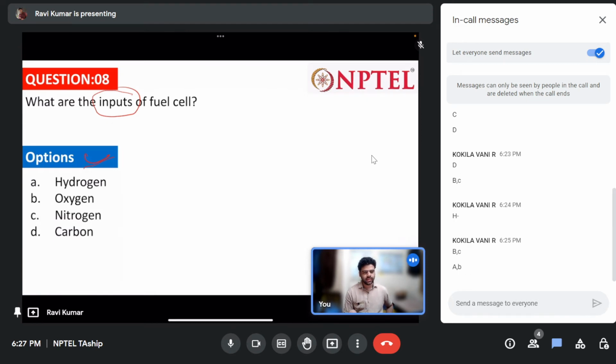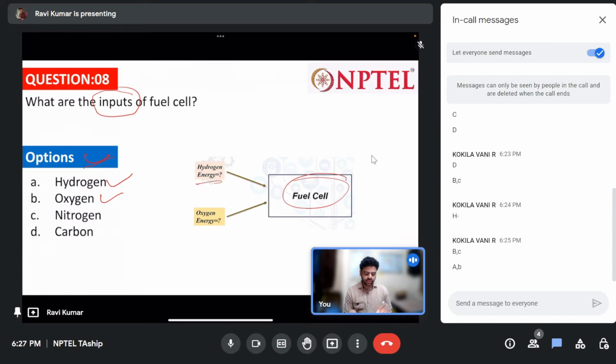A and B. Yes, hydrogen and oxygen. This is the fuel cell, and hydrogen and oxygen are the inputs. Great. Yes, A and B are the correct answer.